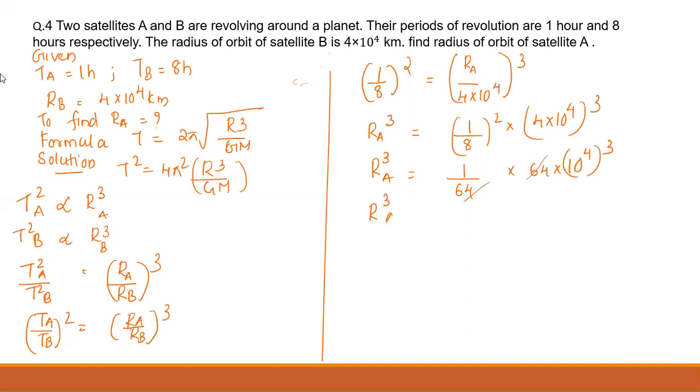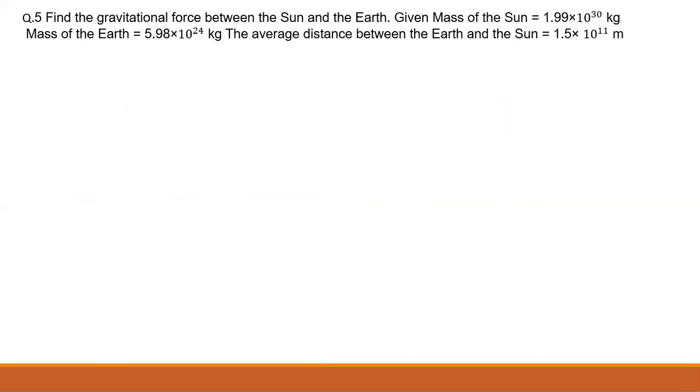We got RA cube is equal to 10 raised to 4 the whole cube. We want RA. Taking cube root on both the sides, we will get RA is equal to 10 raised to 4 kilometers. So this is the radius of planet A. I hope you all understood this question. Let us solve the next sum.